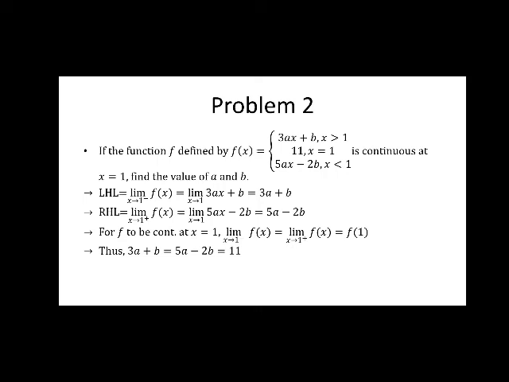It gives me two simultaneous equations: 3a plus b equals 11, and 5a minus 2b equals 11. Now we can go on solving these two simultaneous equations to find the values of a and b.